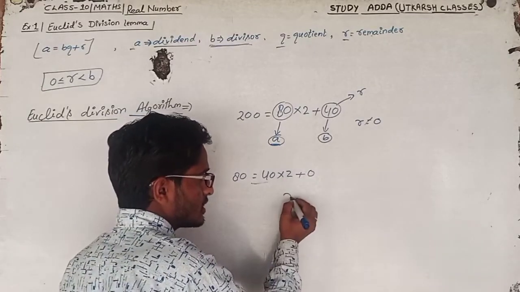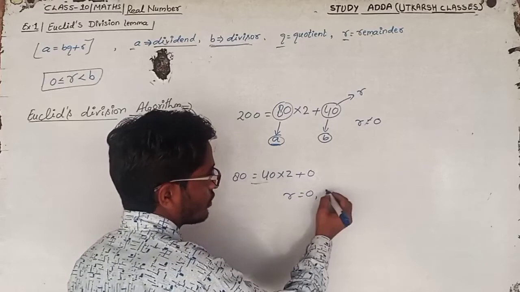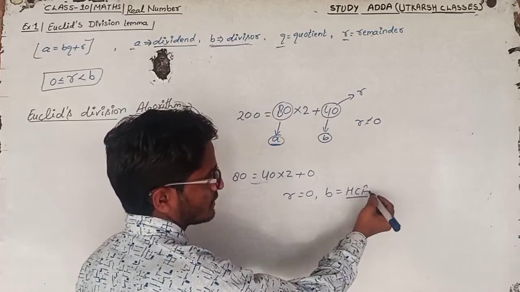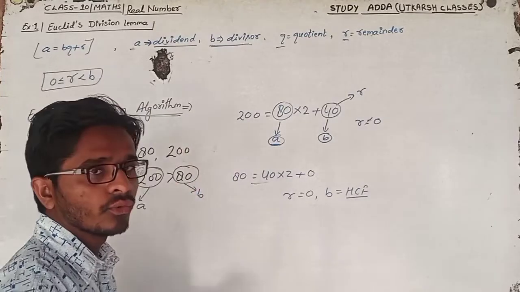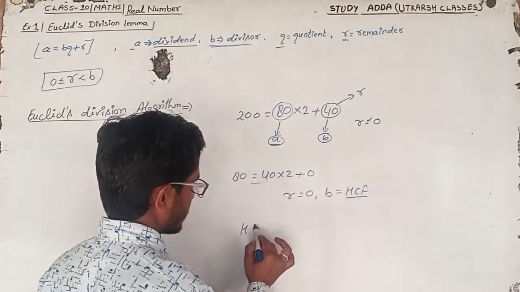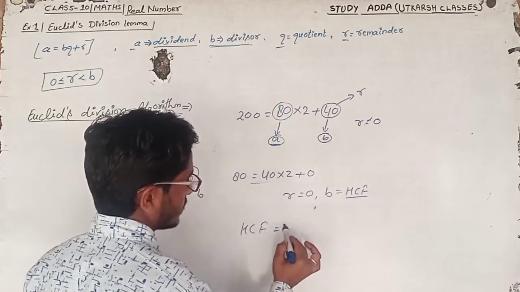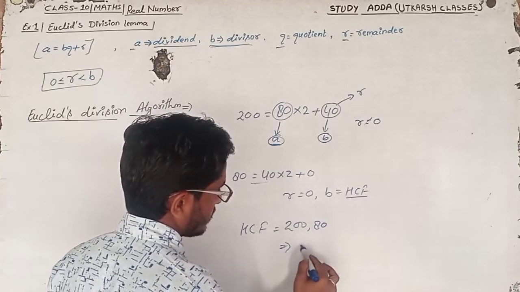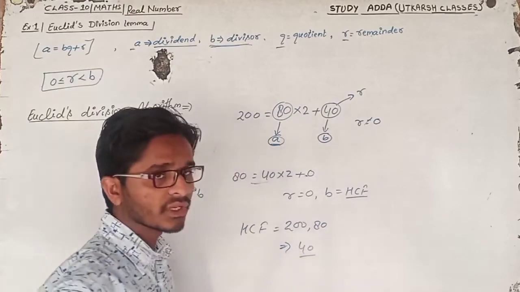Then the remainder is 0. The divisor is the HCF of the given numbers. Clear? Now we can see the HCF of 80 and 200 will be 40. Clear?